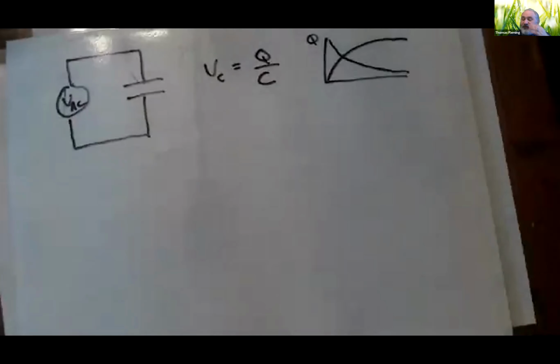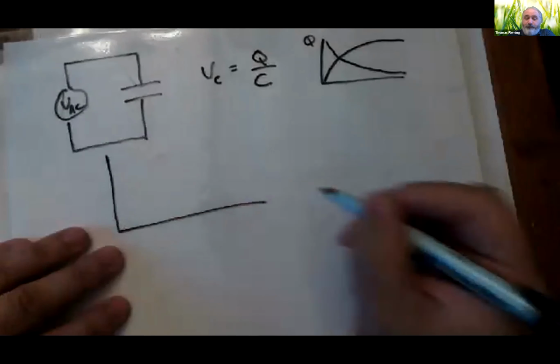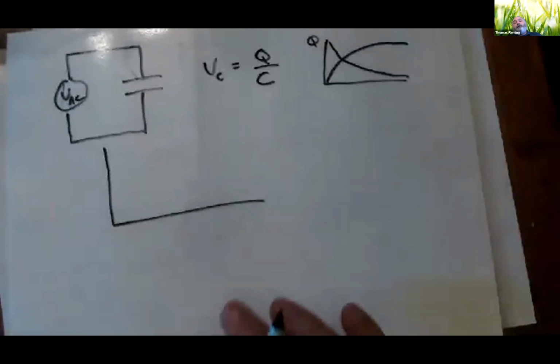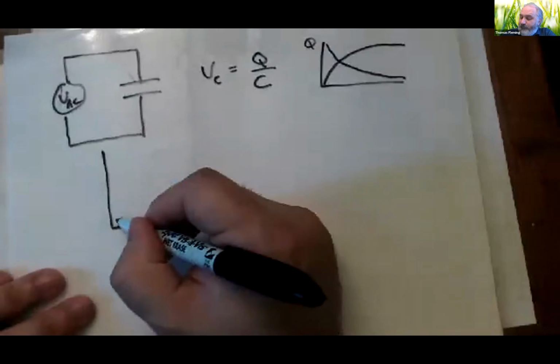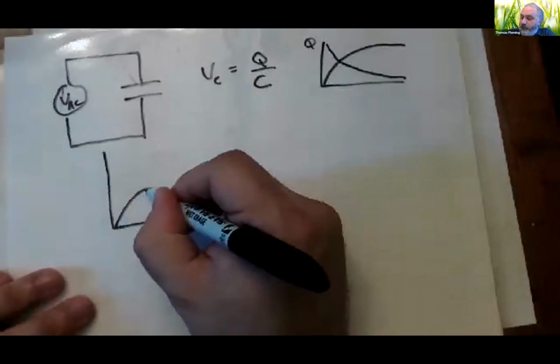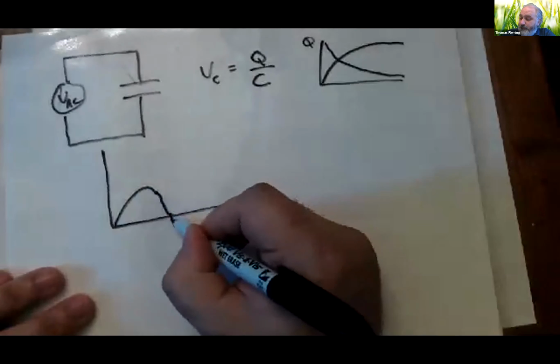And so if I were to do a graph of the current versus the voltage for a capacitor, here's how this is going to play out. Imagine that this is the voltage across my capacitor, and therefore across the battery, same thing.